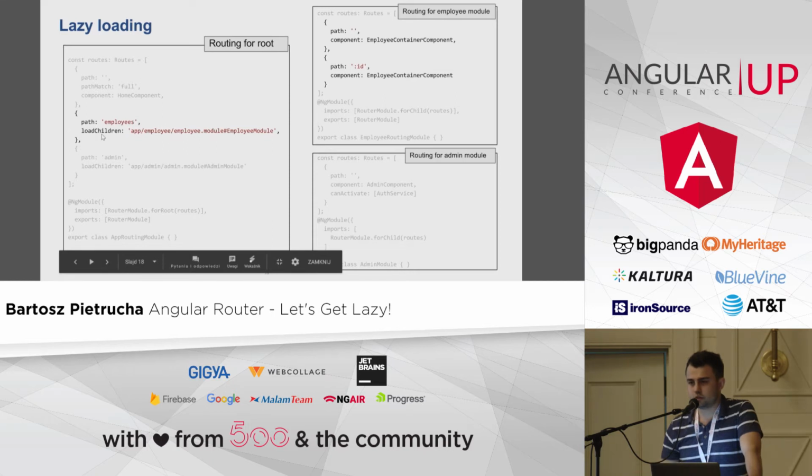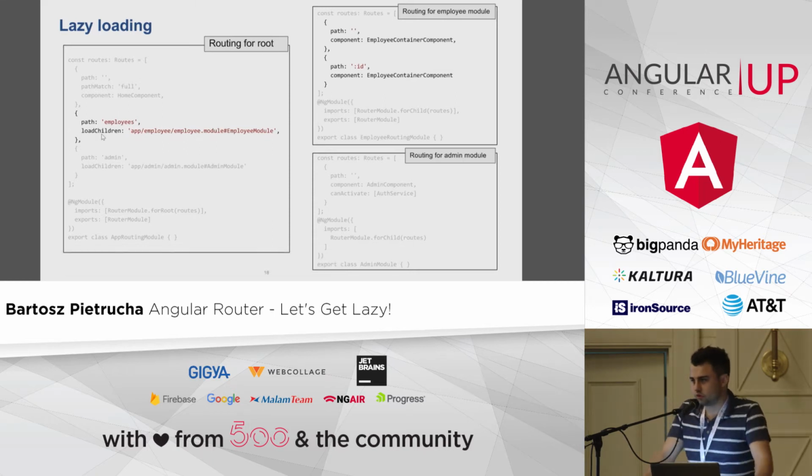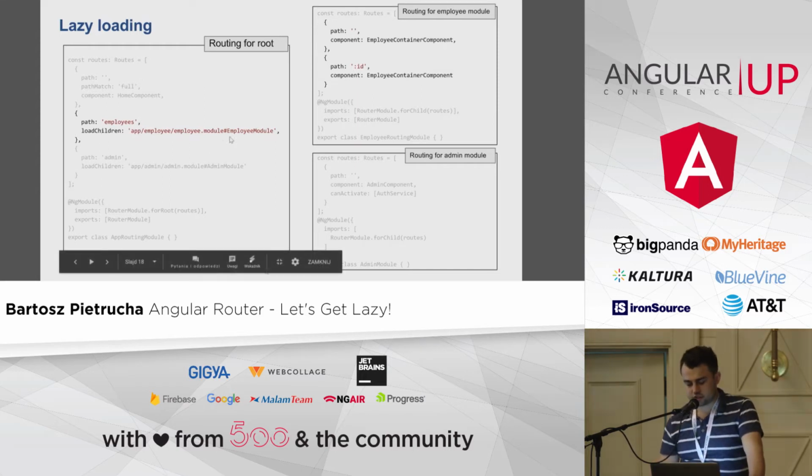We use the loadChildren property in our configuration to point to the proper file which contains our module. After the hash, we say the name of the module. And we need to point the particular path under which we want to tell the router that once you enter this URL, please load this module and parse its own routing configuration.